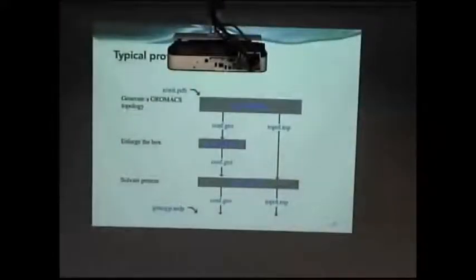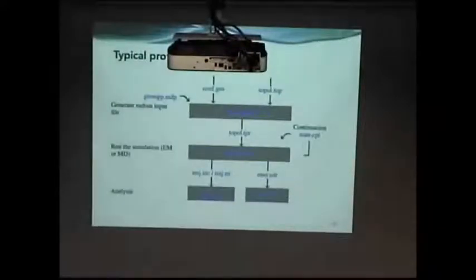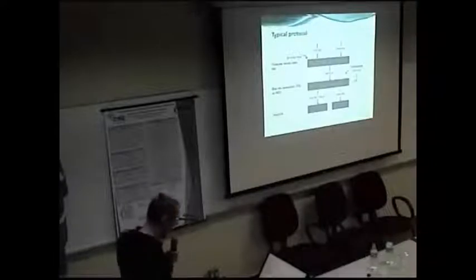You can surround it by water, for instance. And then with these 2 files, you can preprocess to check the consistency of the information passed to the program. But before that, you need to provide also parameters of the simulation.